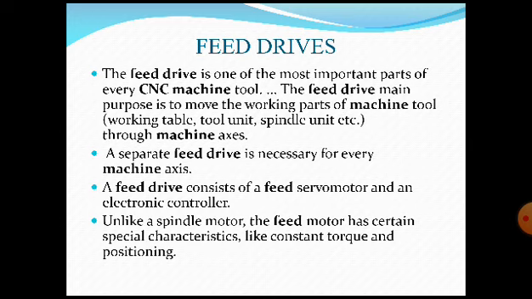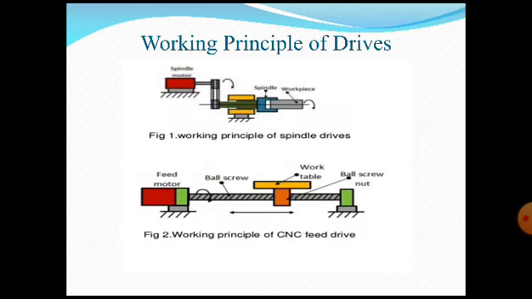The motors we use as feed drives should have better characteristics compared to the spindle drive motors. What are those characteristics? Constant torque and positioning, because the positioning of the work table plays a very important role. That is why it should respond properly with constant torque and positioning of the work table.